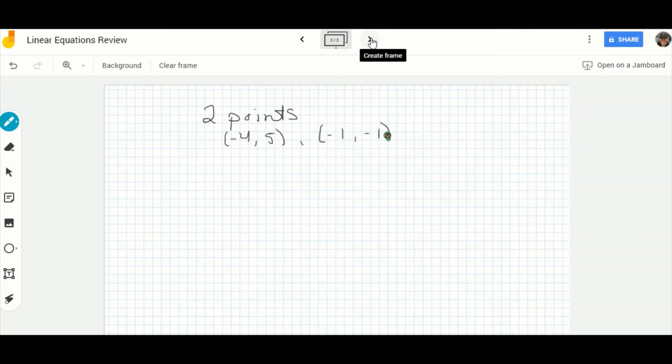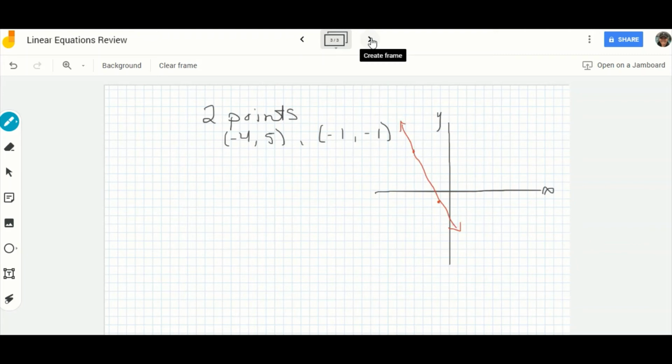Now we know that we've been told it's linear, and so the relationship of these points is linear, and I can take these 2 points and graph exactly the same way as I did before. So negative 4, 1, 2, 3, 4, and 5, 1, 2, 3, 4, 5. We have a point here, and negative 1 and negative 1 is right about here. So I have these 2 points, and because they're linear, they line up with one another, and I can draw my line from these points.